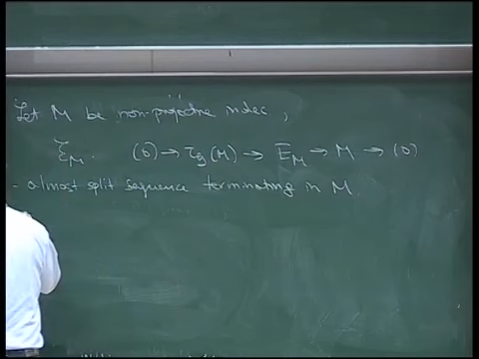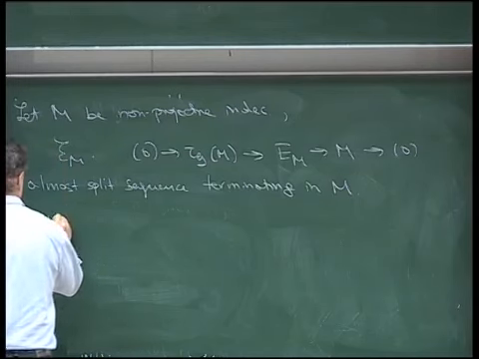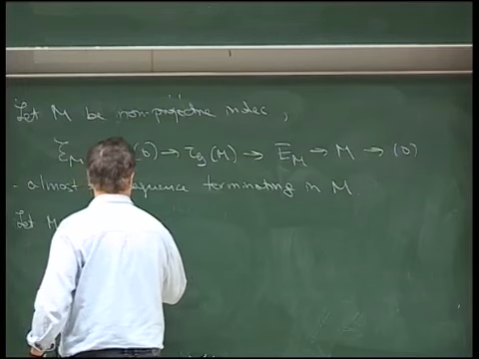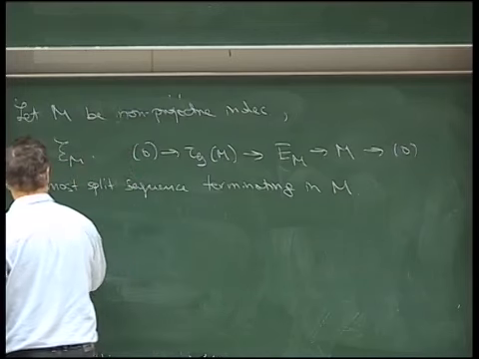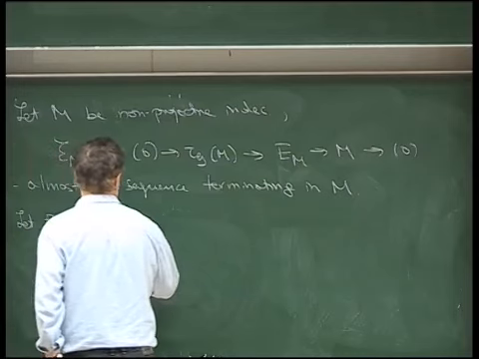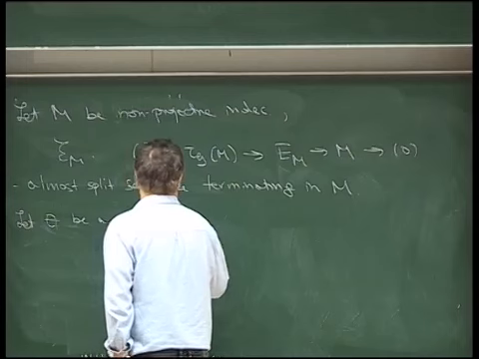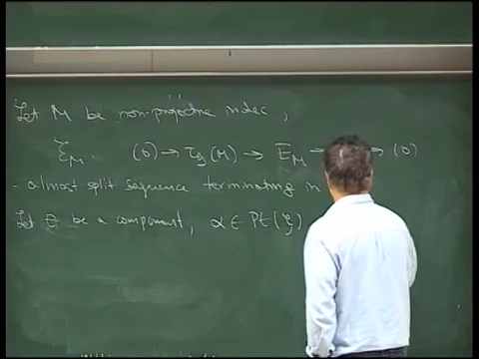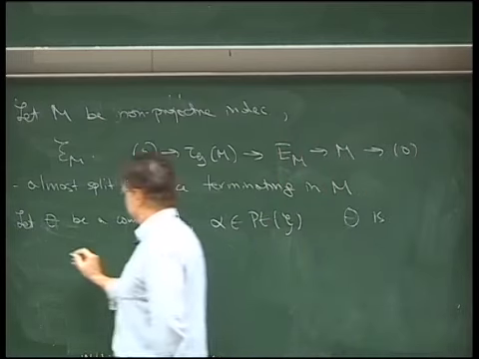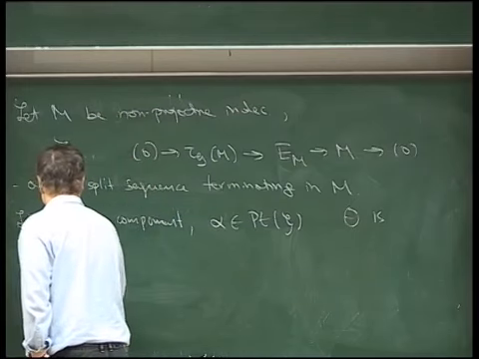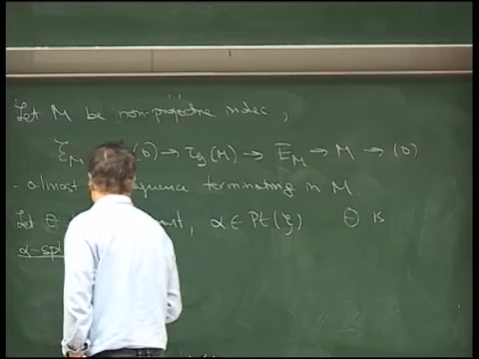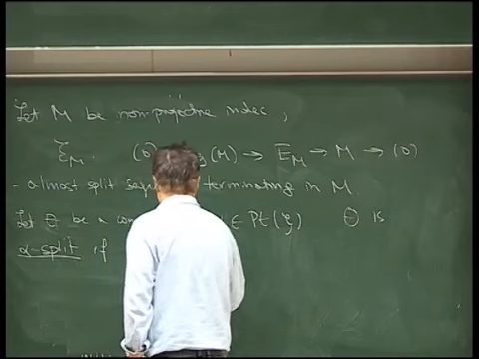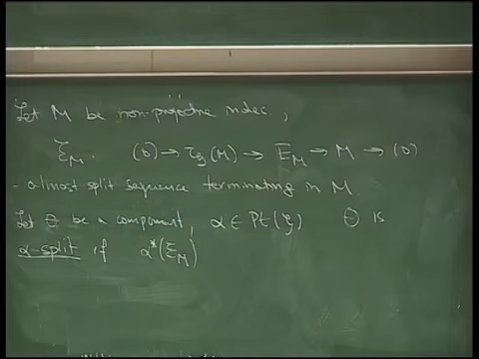So let theta be a component, and alpha be a p-point. Then theta is said to be alpha-split if alpha star of E_M, so I can apply the exact functor to this sequence.